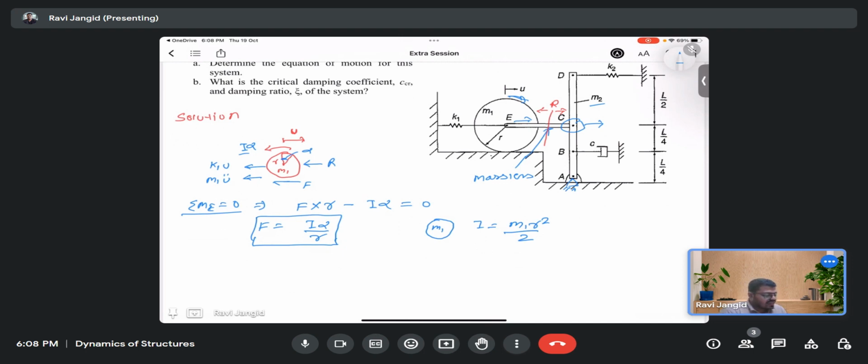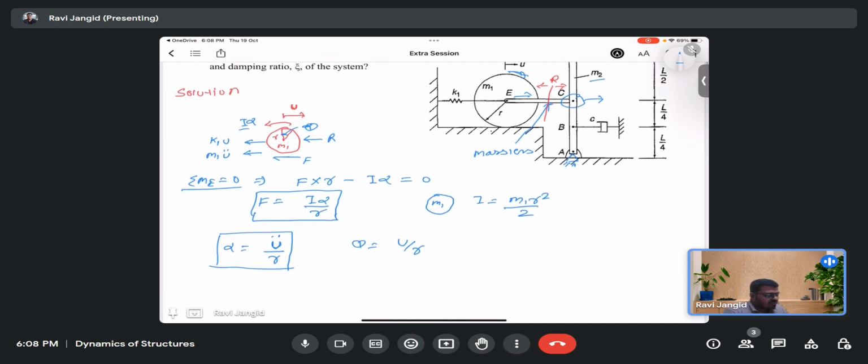That alpha will be given by u double dot by r. So your angular acceleration alpha is equal to u double dot by r.